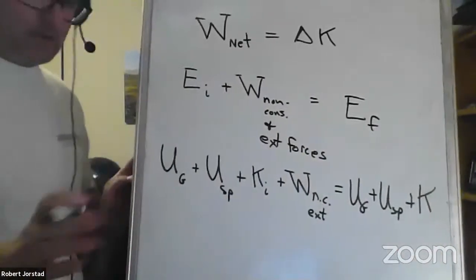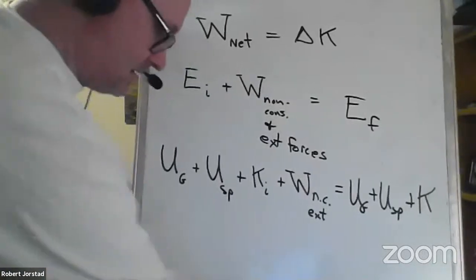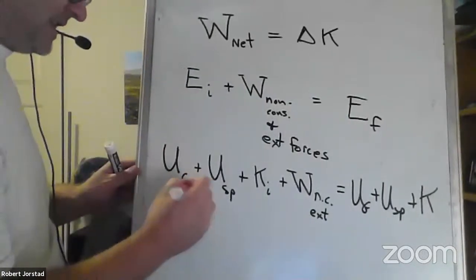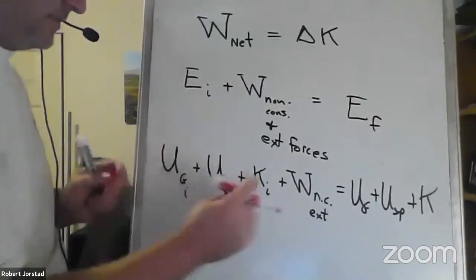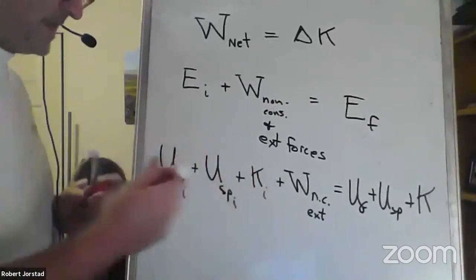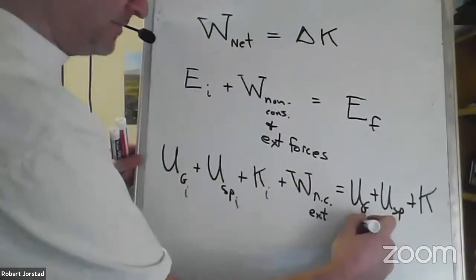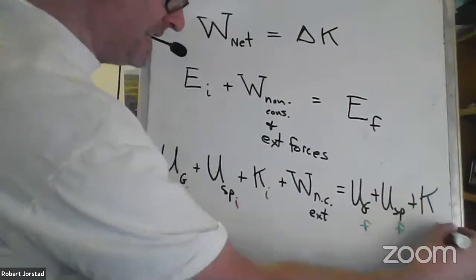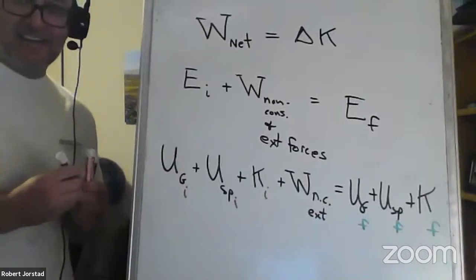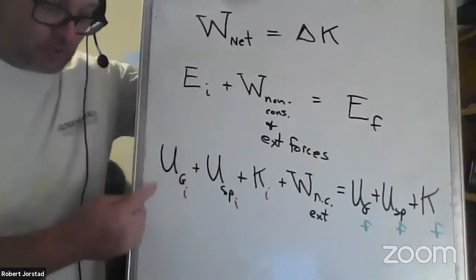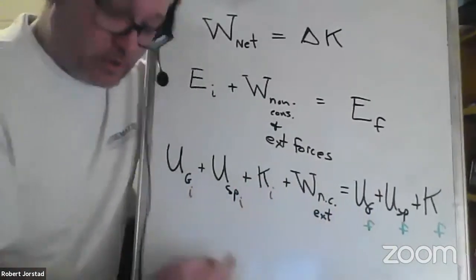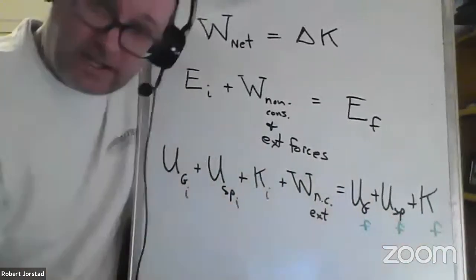Now, again, I'm going to put some subscripts on here, and I'm going to use color for that. This is the initial amount of energy. And this is the final amount of energy of each type. And it turns out we've got some shortcut formulas on the back of our workbook for figuring out these things really quickly.